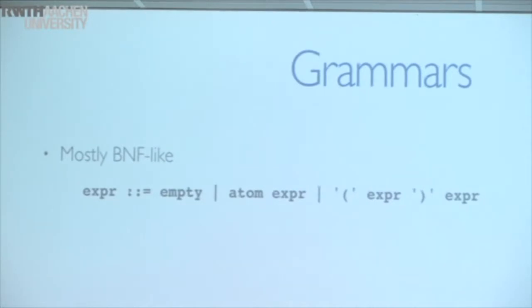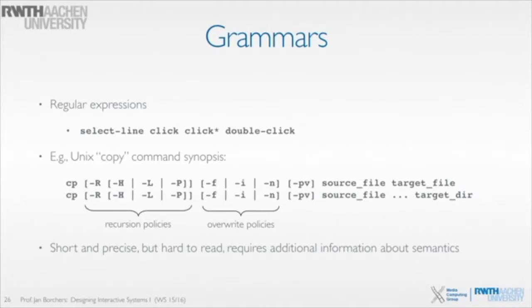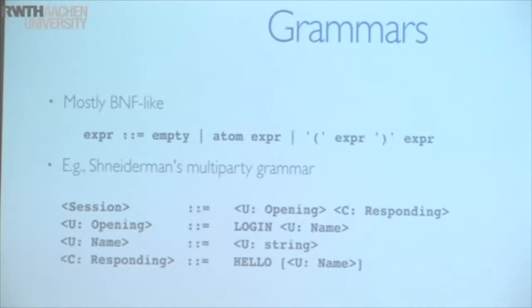With this way, you can describe textual interfaces quite well. So here's an example of that. This is an extension by Schneiderman that takes the idea of a grammar and extends it a little, because now we have parts in the grammar that are delivered by the user and parts that are delivered by the system.